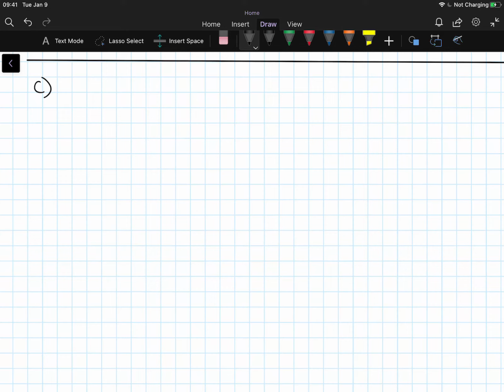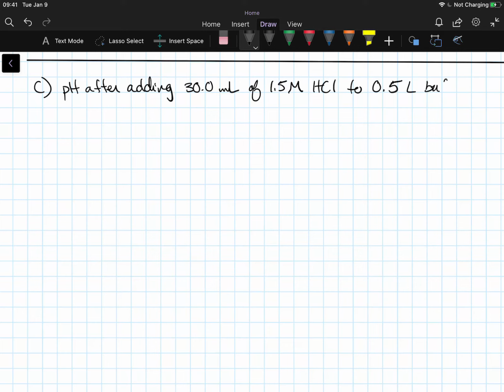Okay, part C. We want to know the pH after adding 30.0 milliliters of 1.5 molar HCl to, now we're going to change the amount of our buffer, 0.5 liters of buffer.